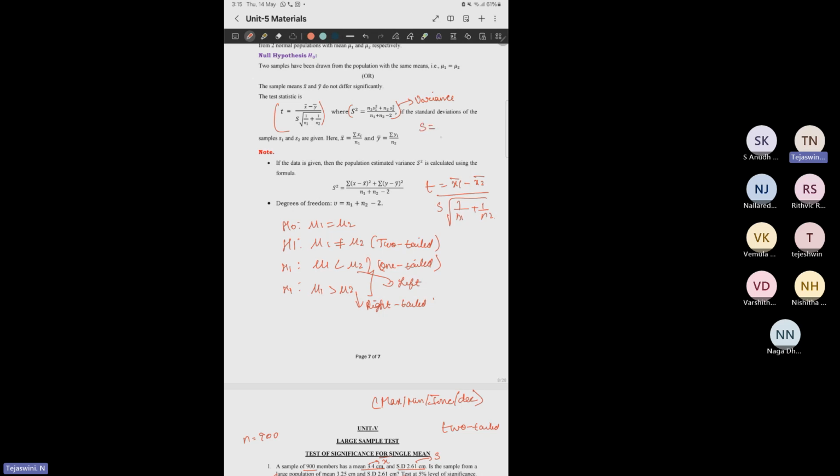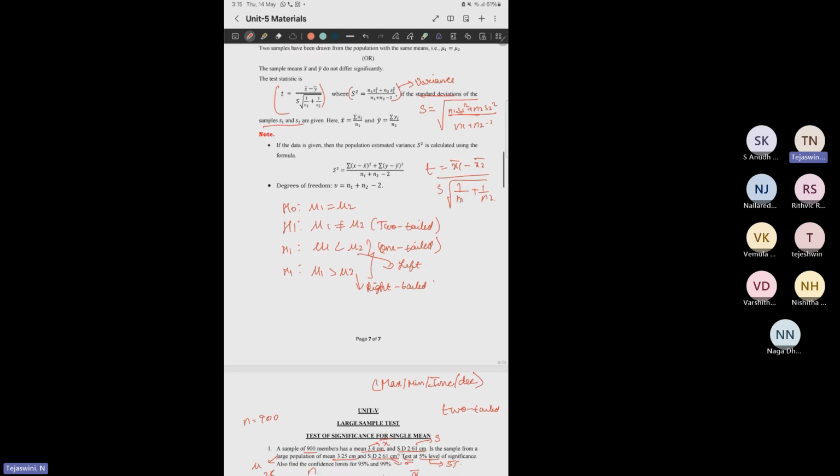S is equal to root of n1 s1 square plus n2 s2 square by n1 plus n2 minus 2. If the population standard deviation is not given and they have given us only the sample standard deviations, s1 and s2, and if they have only given us sigma x i, they didn't give us the sample mean, we can find it using the normal formula sigma x i divided by n, where n is the sample size.